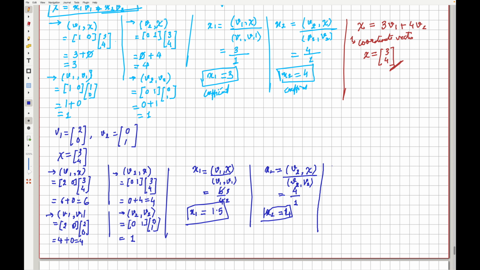And now what we can do is take those values and plug them in here. So this was x1 v1 plus x2 v2.